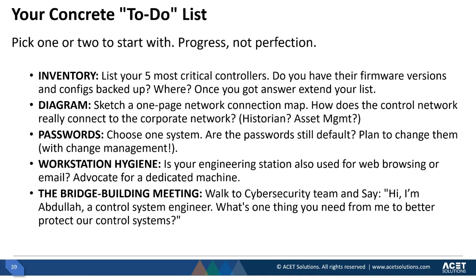Do you have the firmware versions? Do you have the configuration backup? Where is the configuration backup? Once you have the answers, extend your list from the first five to all the control system equipment.